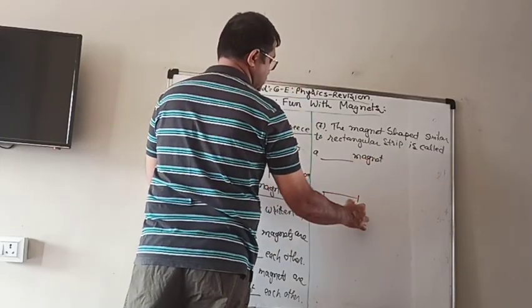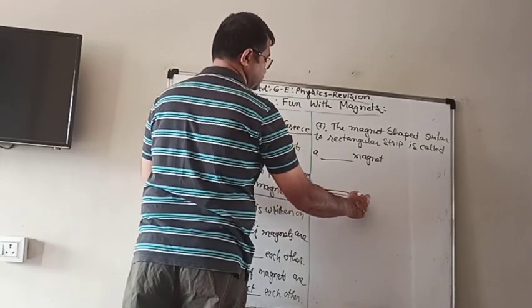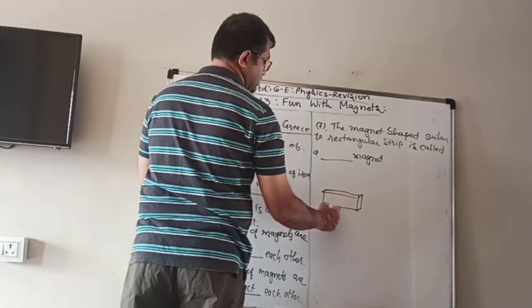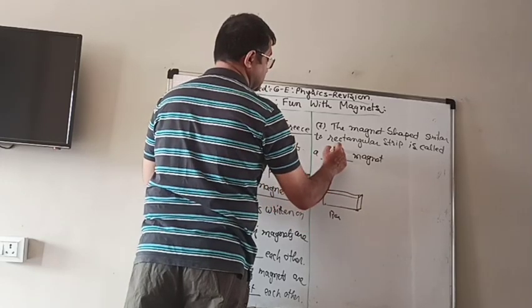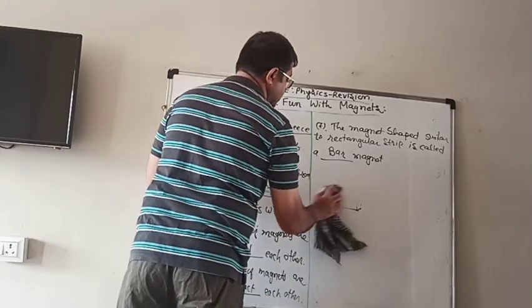We already draw the figures also. A magnet in the shape of a rectangular strip is known as a bar magnet.